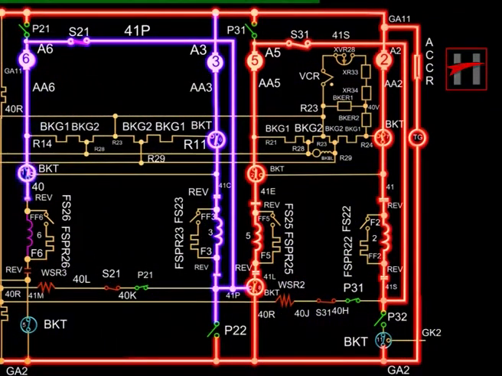The field of traction motor 6 is energized via cable AA6, the BKT contact 1 in motoring mode, cable number 40 and the reverser contacts. The current completes its path through cable GA2 via the reverser contact and the BKT contact 5 in motoring mode.